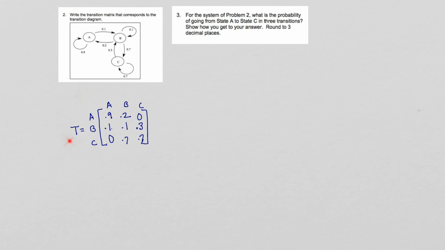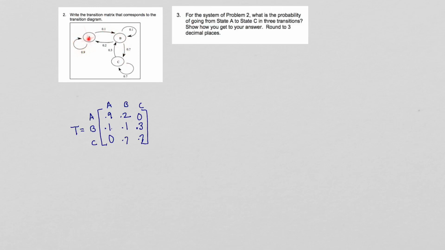Now, the transition diagram here tells us the probability of going from A to C in one transition is 0. And looking at the diagram, there is no way to get from A to C in one transition. But perhaps what we could do is, we want 3 transitions. We could go, see if this works, from A to A, back to A, that's 1, and then to B, and then to C. Right?